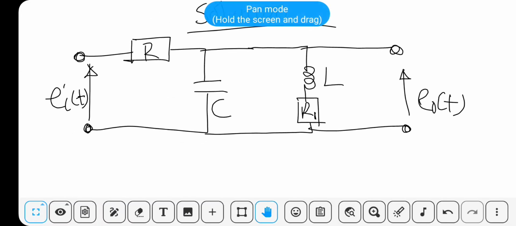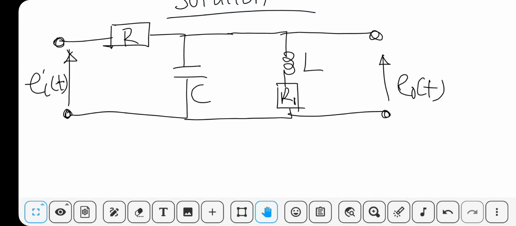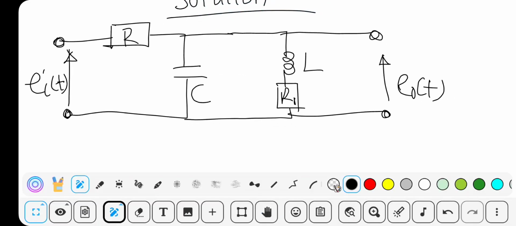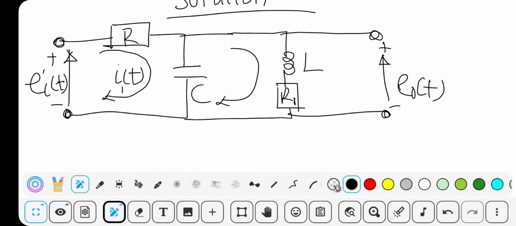So I'm still going to use the method of mesh analysis to also solve this question. So like I said, let's call this current 1, current 2 flowing in mesh 2, current 3.